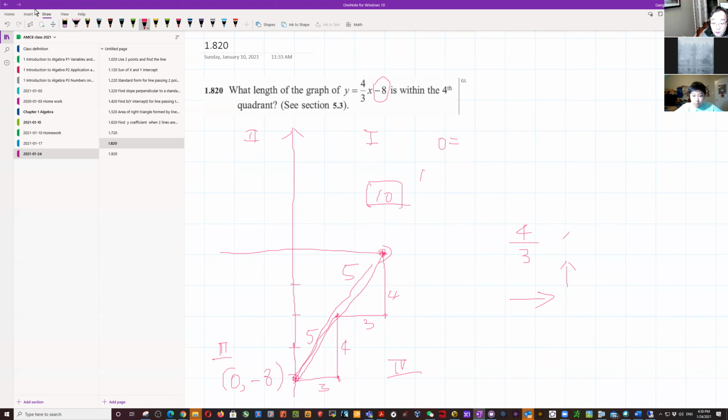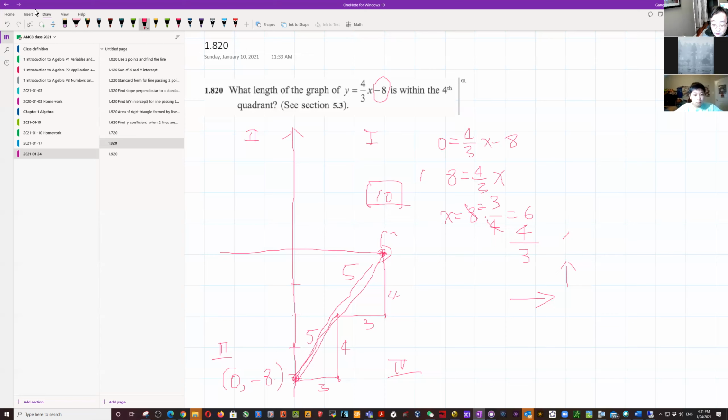So 0 equals 4/3 x minus 8, and 8 is going to be equal to 4/3 x. So x equals 8 divided by 4/3, which is multiplying by the reciprocal, 3/4, and that equals 6. So x equals 6.